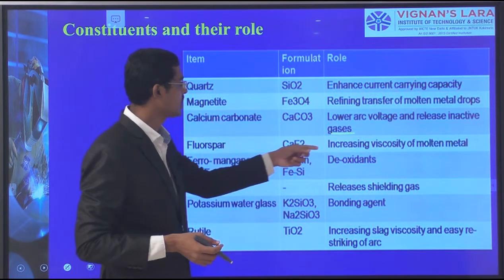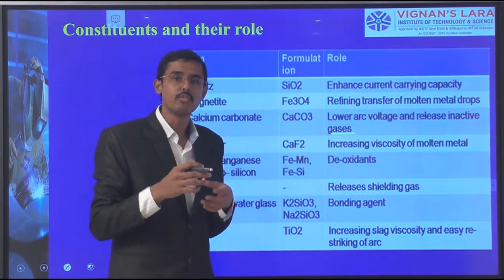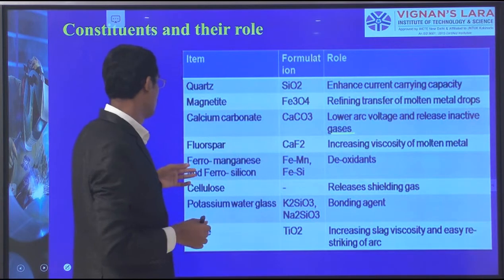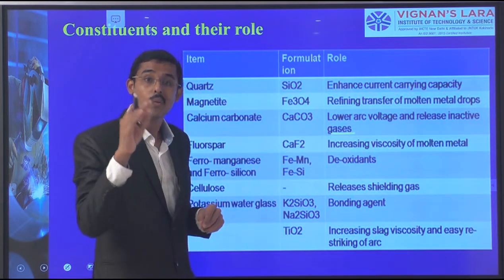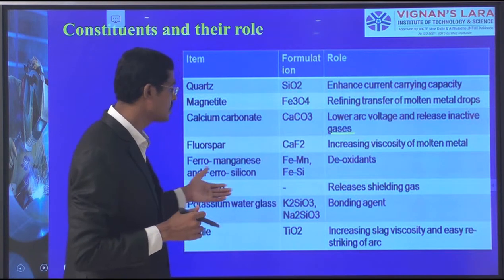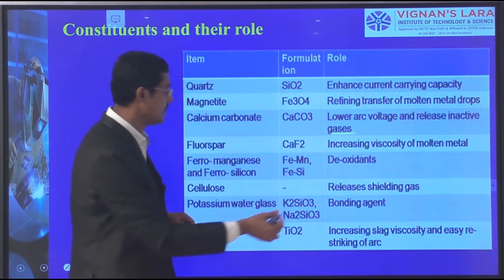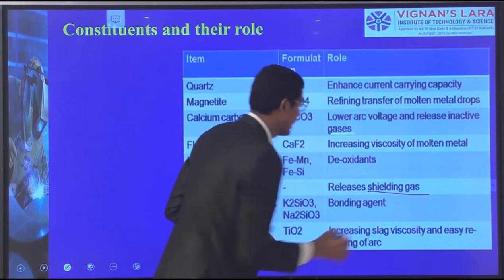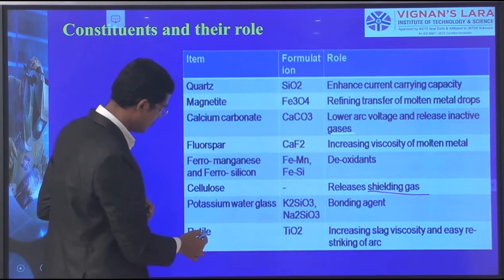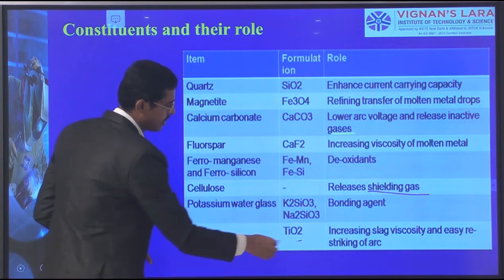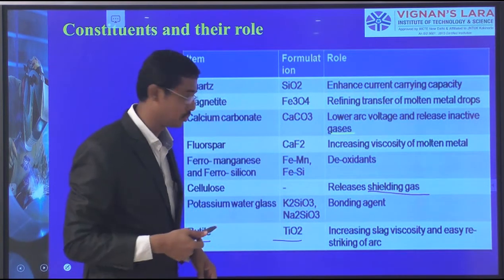And fluorspar, increasing the fluidity of the molten metal for fluid flow and deeper penetration. Ferromanganese, a deoxidant, so oxidation is avoided. And then cellulose, again see the cellulose releases the shielding gases. And potassium silicate, a bonding agent. Rutile is titanium oxide, we have seen in the table also.